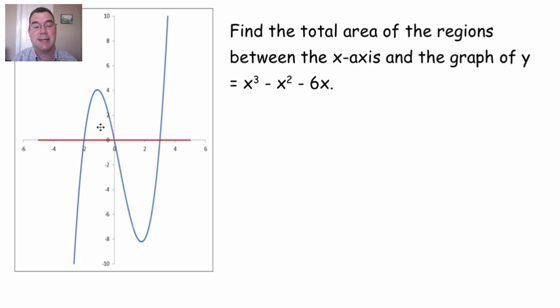Anytime the curve is above the x-axis, you will get a positive area, but anytime it's below, you will get a negative area. And we want to avoid that because I want to find the actual area. I don't want to take the positive of this area and the negative of this area and combine them together. I want the positive of this area and the positive of this area.